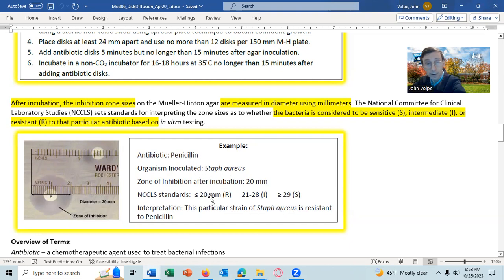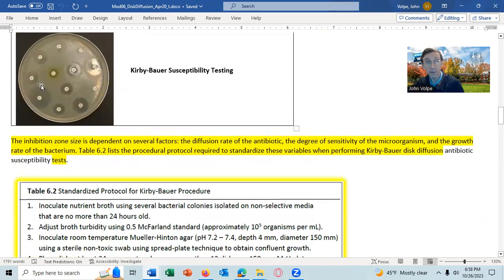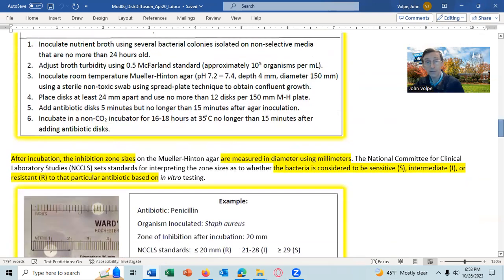And that's how we determine if the bacteria is resistant or sensitive. You simply can't go and say that's the largest size of the zone of inhibition, so I want to use that one. Because if that's a small molecular weight antibiotic, we expect the zone of inhibition to be bigger. Any questions on that?